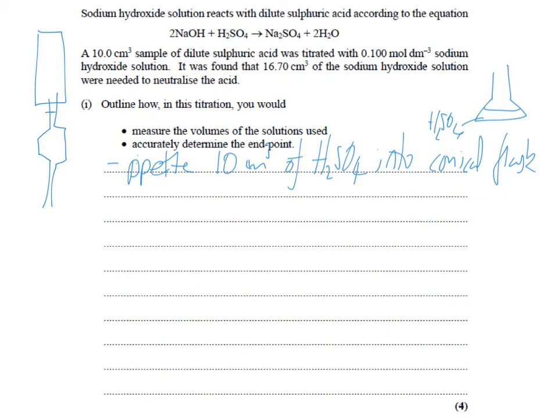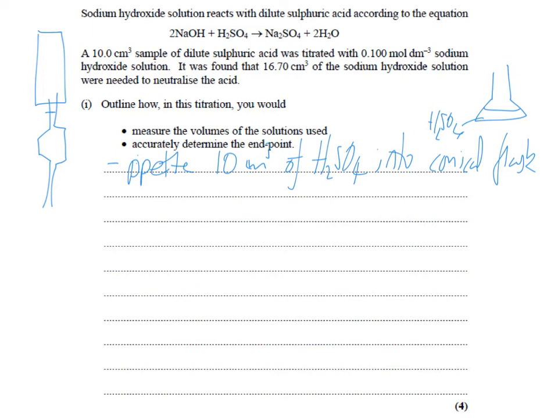So it's unlikely that you could buy a pipette that measures exactly 16.7 centimetre cubed of sodium hydroxide. That seems a bit of a random amount, okay? But fairly standard amounts, so 10 centimetre cubed, 25 centimetre cubed, 50 centimetre cubed, those sort of rounded amounts, which might crop up quite commonly, we can buy pipettes for. So that's how you spot. It's just looking at the numbers and seeing which is the most obvious, really. That's probably not a particularly good explanation.